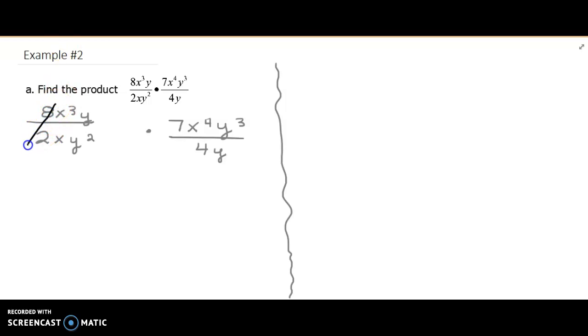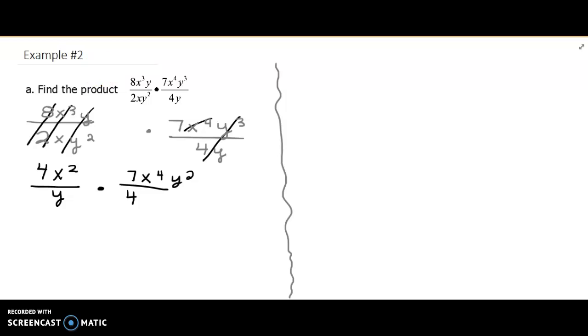So 8 over 2 is 4. x cubed over x is x squared. y over y squared is just 1 over y. Times 7 over 4 does not simplify. x to the fourth, and there's no x on the bottom, so that's just x to the fourth. And then y to the third over y is just y squared.